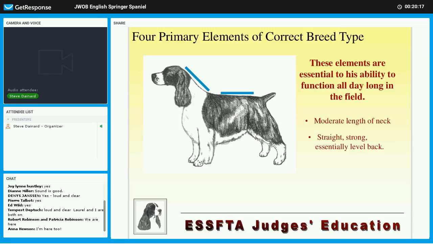When the dog is moving, does this dog still look exaggerated? Does it still look as if it's got a ski slope top line? This is not an American Cocker. We are not looking for an extremely angulated top line. A more level, flatter back is the outline that we're looking for. So please, ultimately the test on the move is really what you should be focusing more attention on than handler issues.